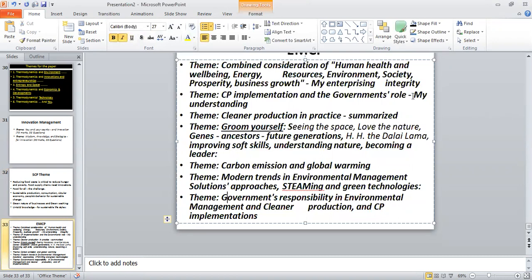My understanding, of what you can see, government's role. My enterprising integrity. So this will be in the question banks, the past papers for you. Summarize the knowledge all in one shot.